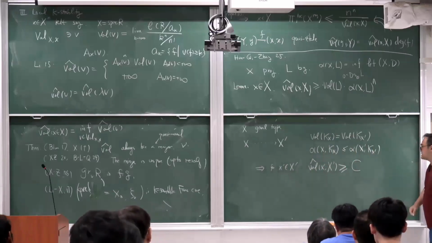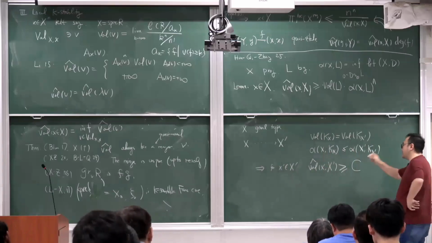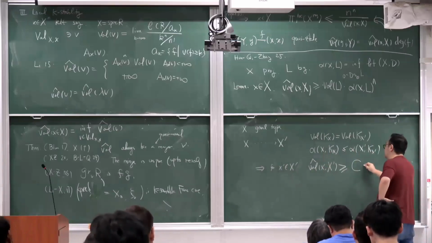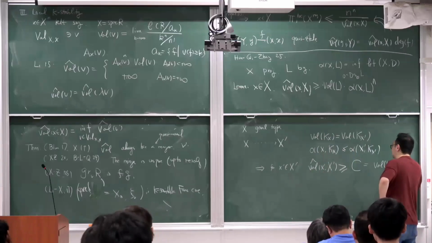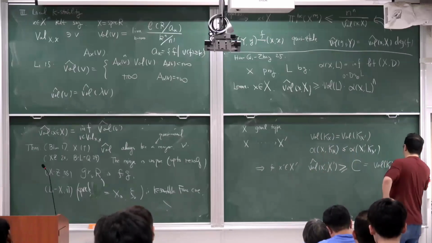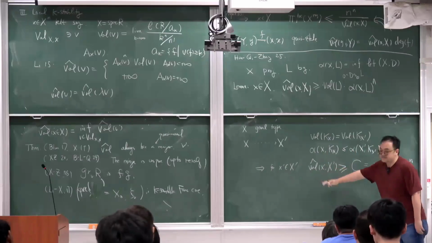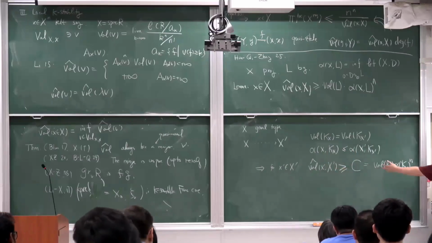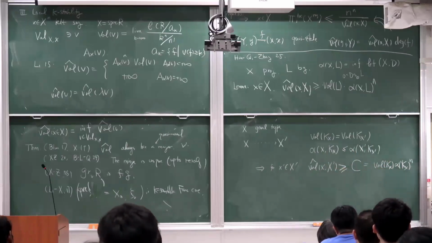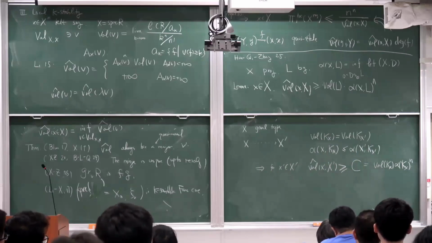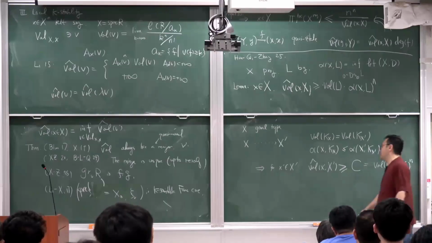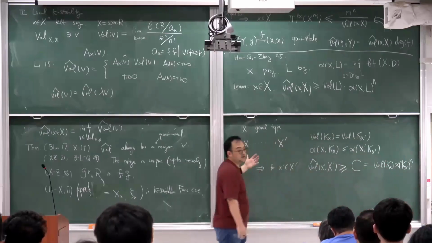This constant only depends on X, which is basically just the volume of K_X times alpha(K_X) to the n. This number does not depend on X prime, so it doesn't depend on how you run MMP. It only depends on the X you initiate with.